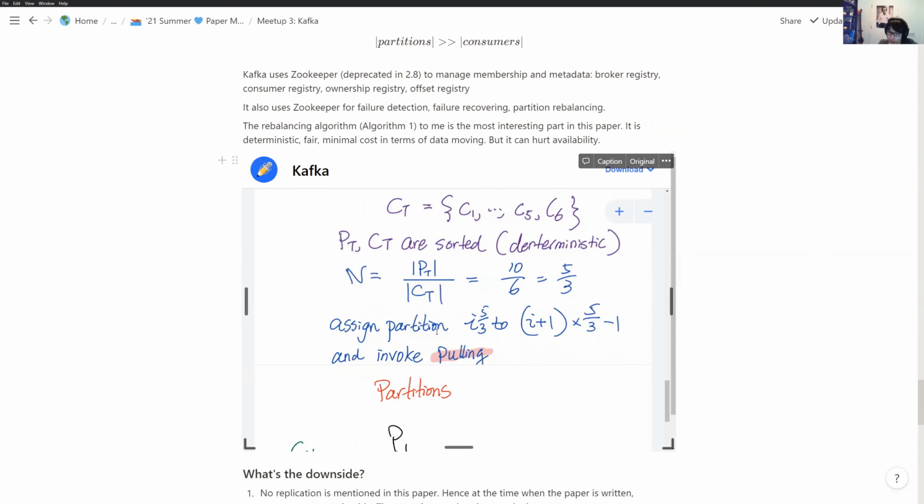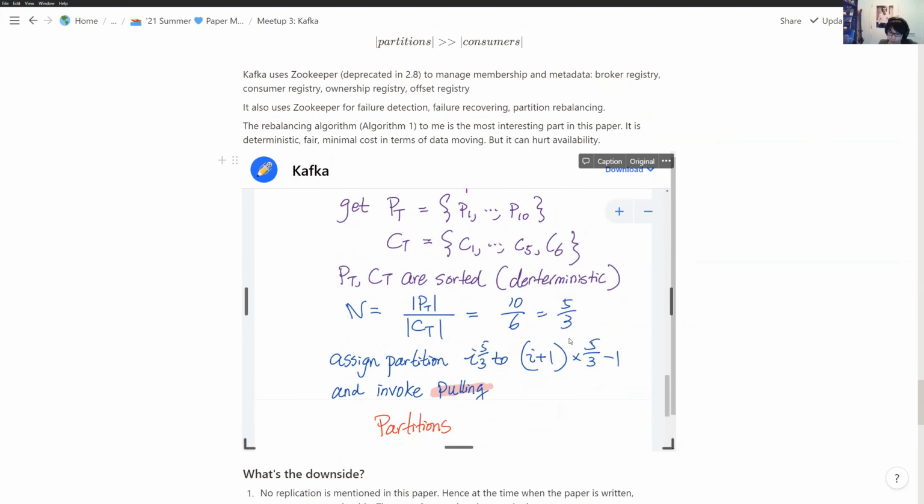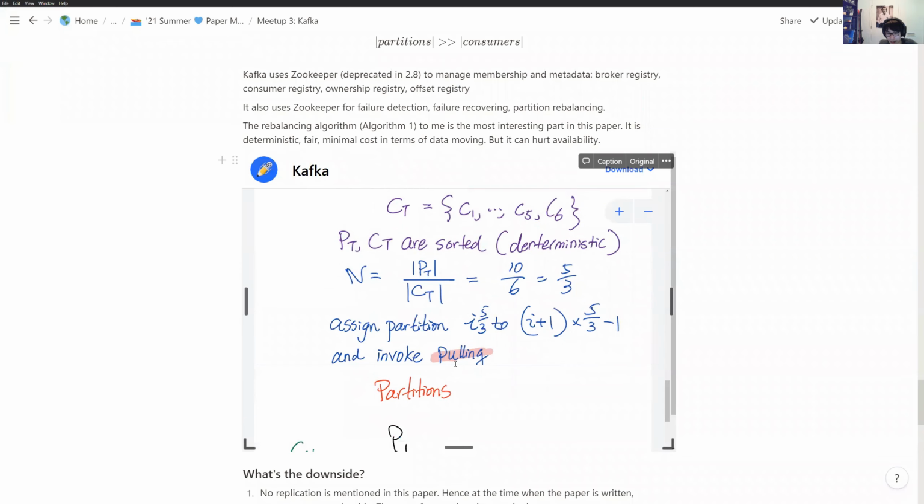And we reassign those partitions to CI based on this formula: I times 5/3 to (I plus 1) times 5/3 minus 1. And after that, we declare these partitions owned by this consumer and invoke polling. And at this stage is when the consumer starts working.